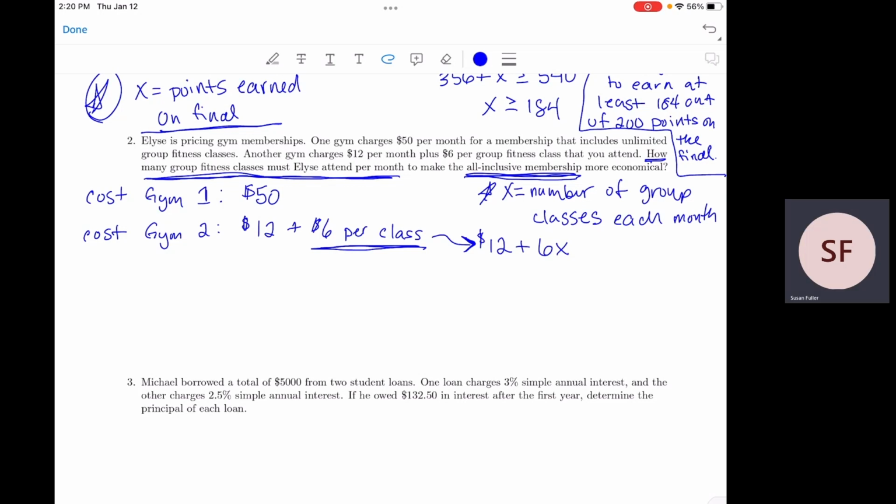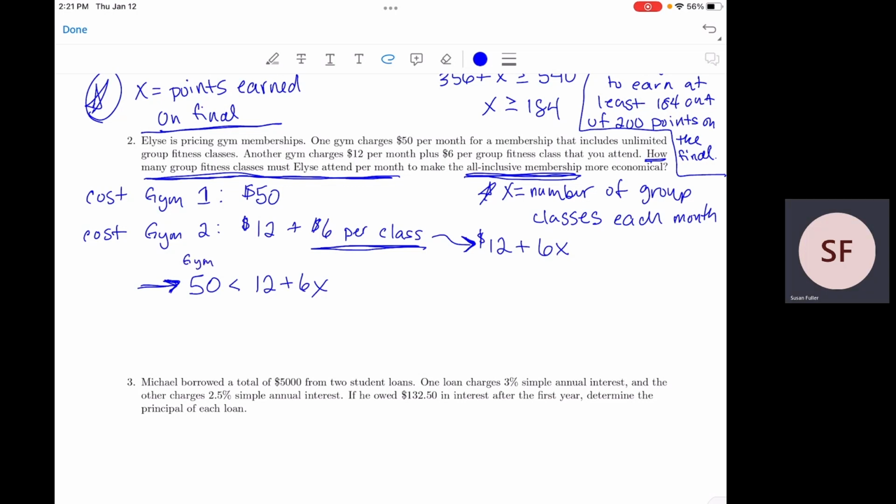If I want the cost of gym 1, that's $50, to be less than the cost of gym 2, which we said was 12 plus 6x dollars, then gym 1 will be more economical than gym 2. That's what we have right here to create our inequality.